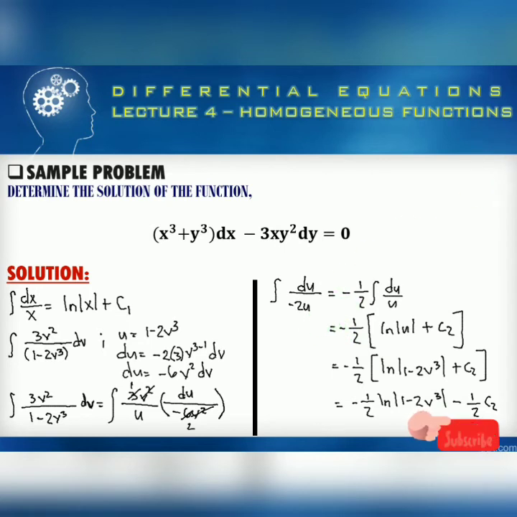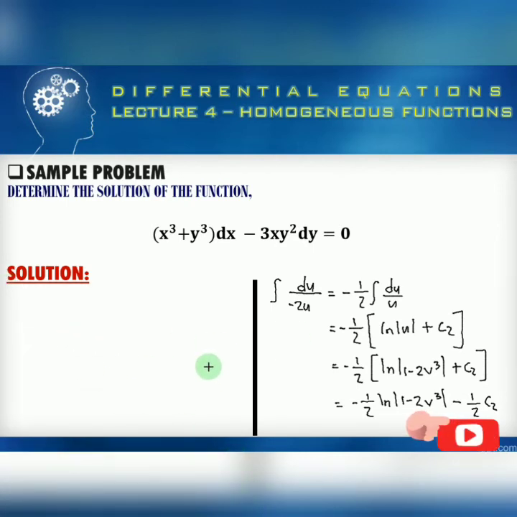Okay, so proceeding now with this calculation. We have this value here. From this one, the integral of dx over x is equal now to the integral of 3b squared over 1 minus 2b cubed db.